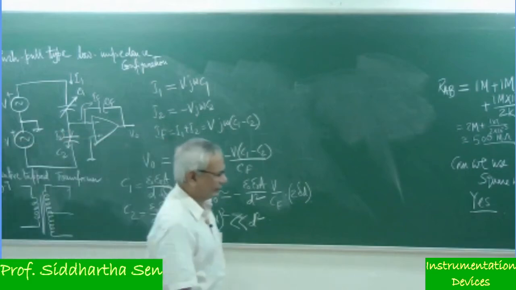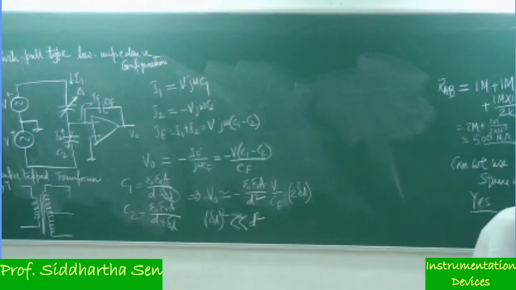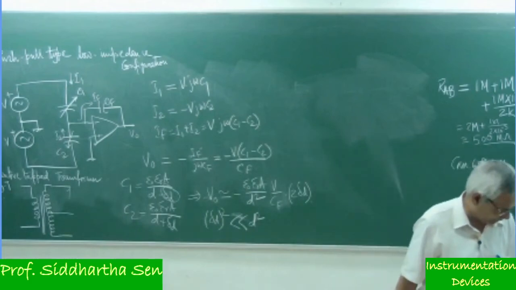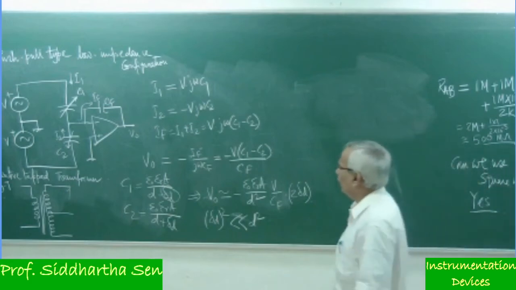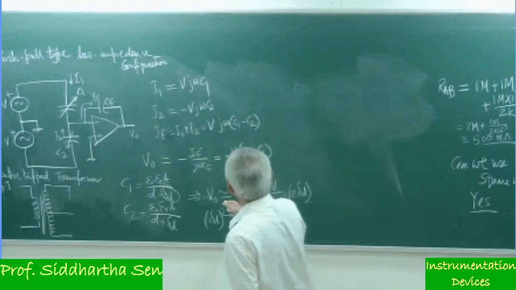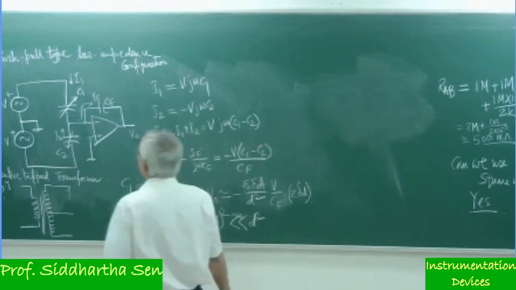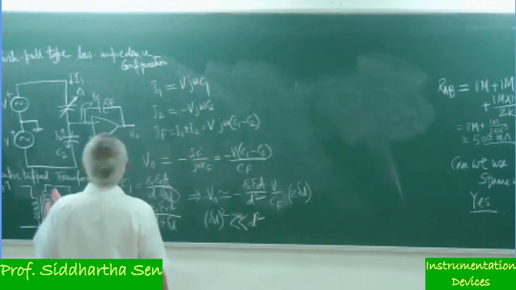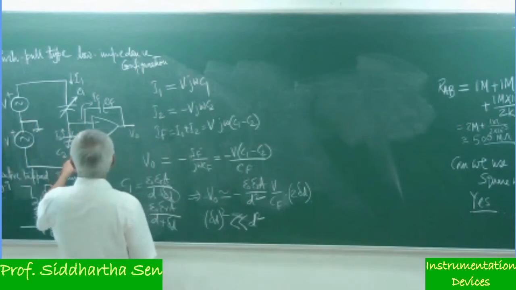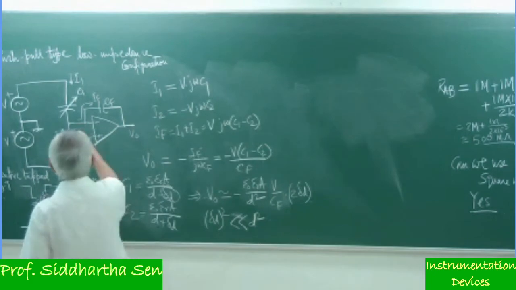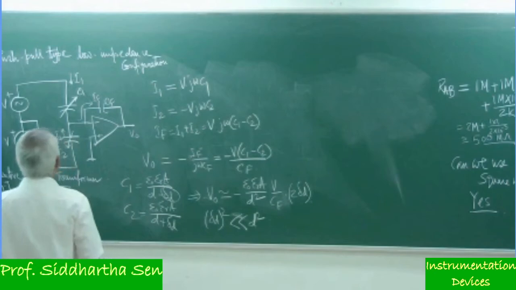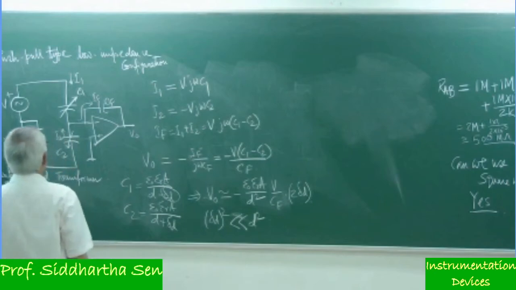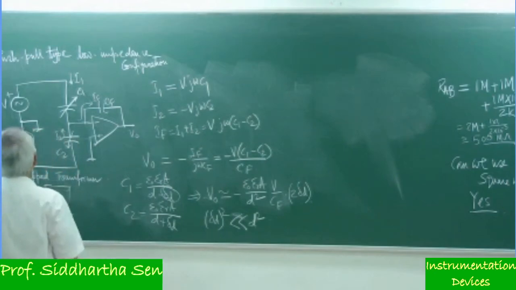So these are the things, but primarily they are low input impedance type. Similarly, we can have another configuration, but the major issue is that it is drawing some current, and that may be objectionable to some of the schemes, because the source should be able to provide sufficient current.